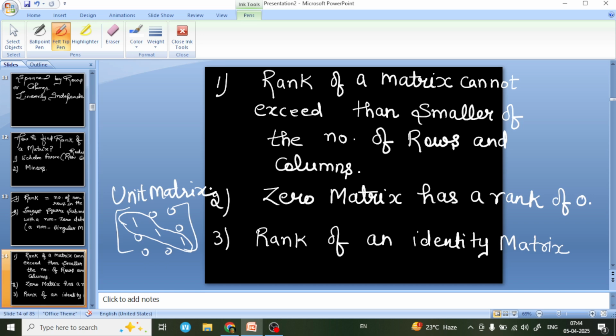An identity matrix is one in which all diagonal elements are 1. It is also known as a unit matrix.